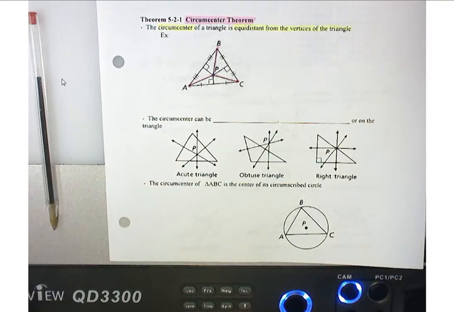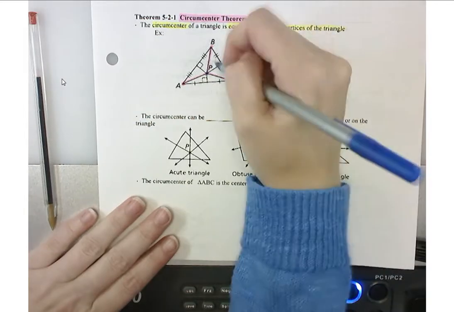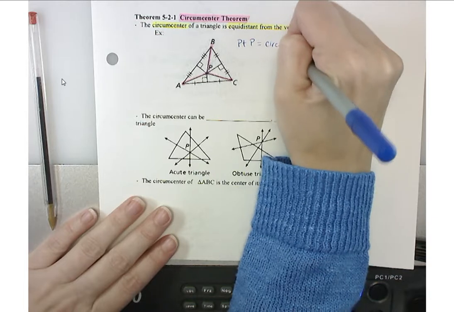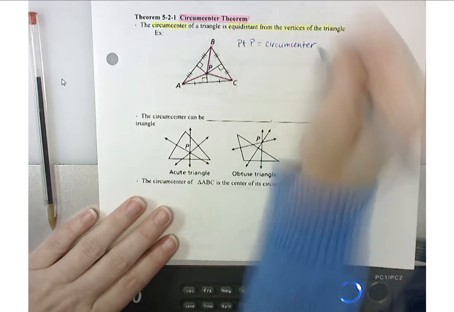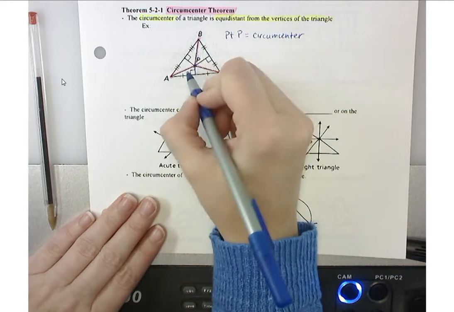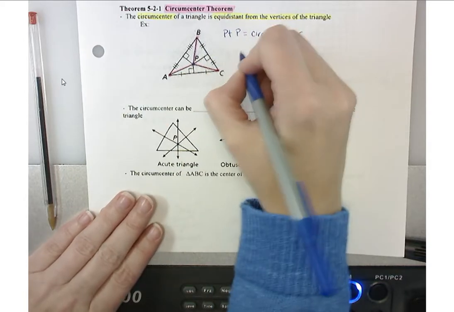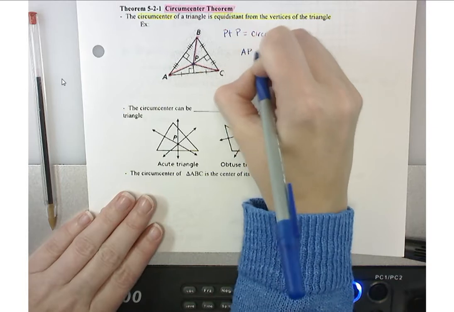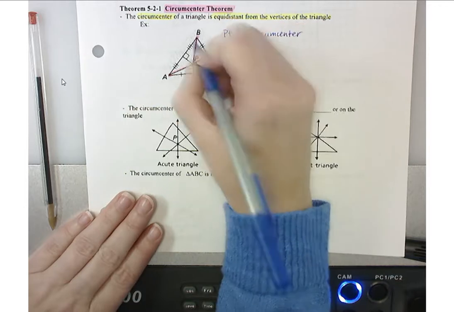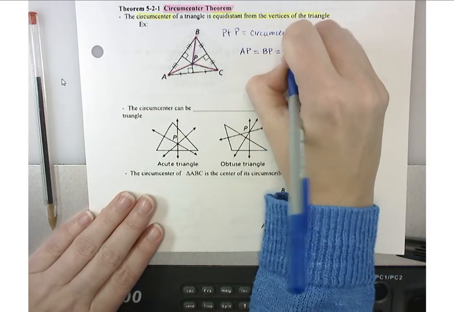All right, so for this triangle, remember that point P is the circumcenter. Okay, this means that all of these segments are going to be equal in length. So from A to P, that length is equal to B to P, and that would be equal to CP.